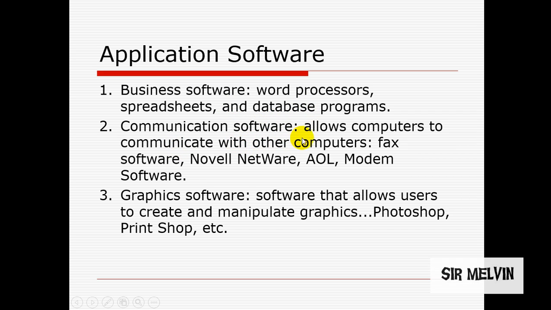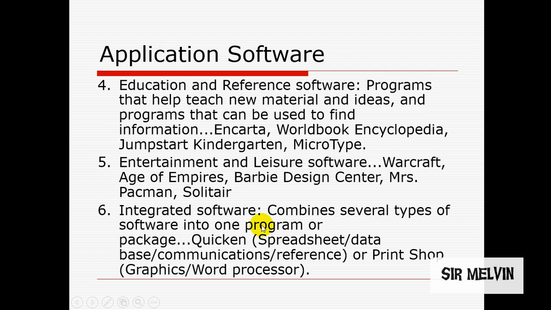Number two, communication software allows computers to communicate with other computers, such as fax software, modem software, and AOL. Number three, graphics software allows users to create and manipulate graphics, such as Photoshop, PrintShop, and many more.